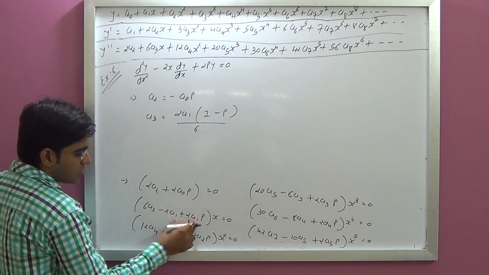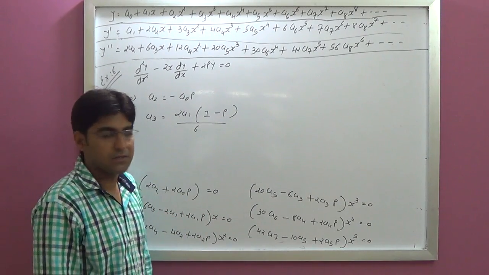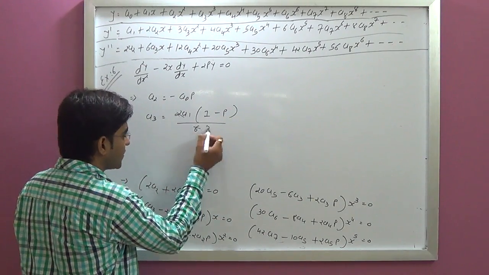Both terms go to this side, x equal to 0 or this one condition is equal to 0. Right? You will get it when you calculate.